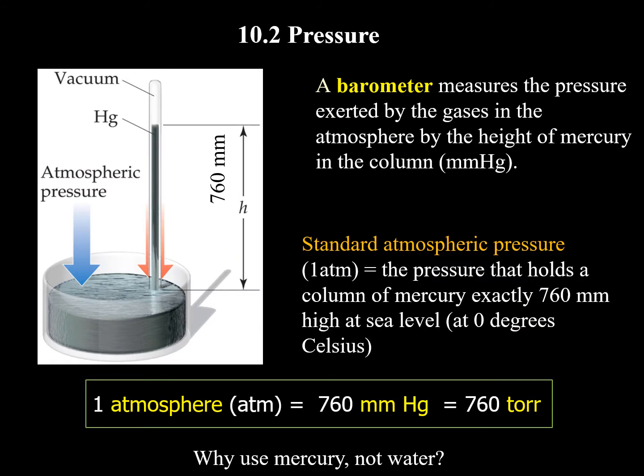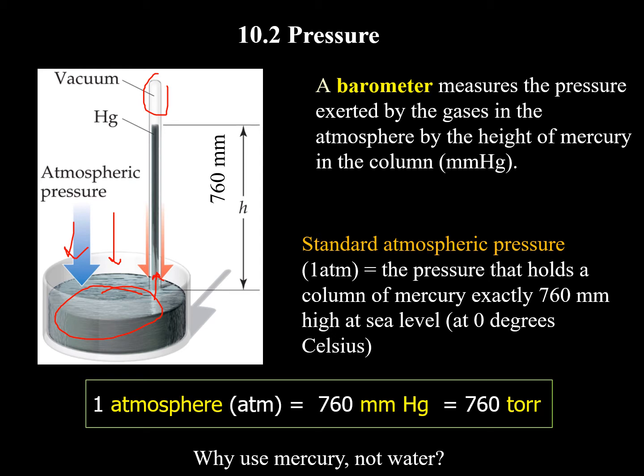A barometer is a device that measures the pressure of the room or the environment that you're in. As I said earlier, 1 atmosphere is equal to 760 millimeters of mercury. How is this shown? If we had a container full of mercury and we put a tube over this container of mercury, the atmospheric pressure pushing down on the mercury would cause the mercury to go up the tube and have a height of 760 millimeters of mercury.